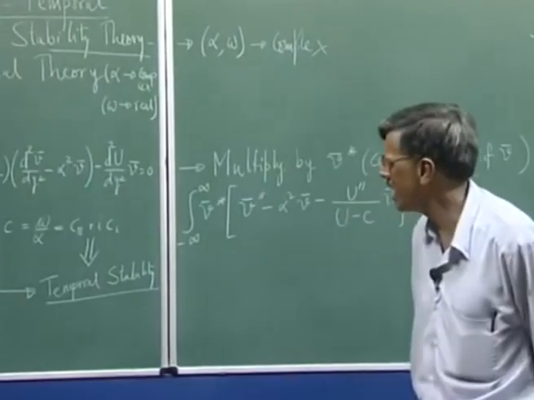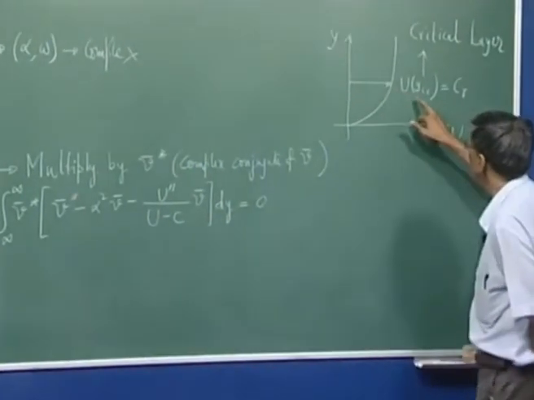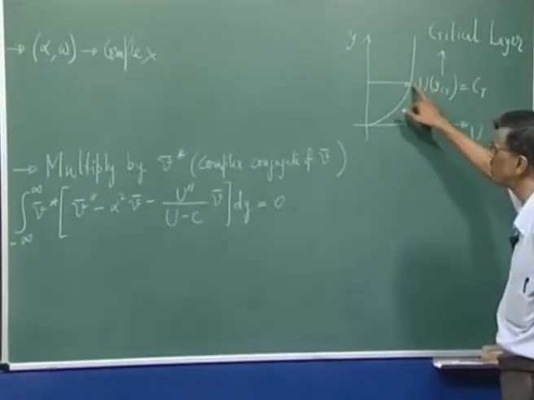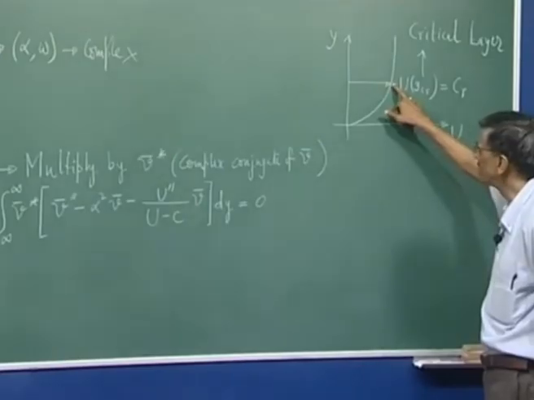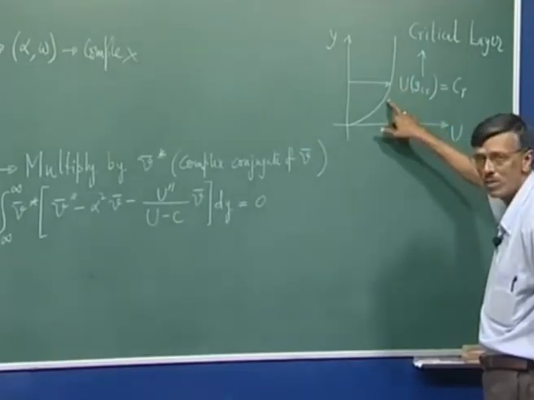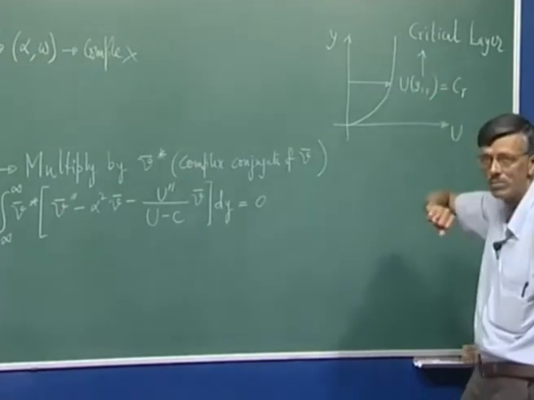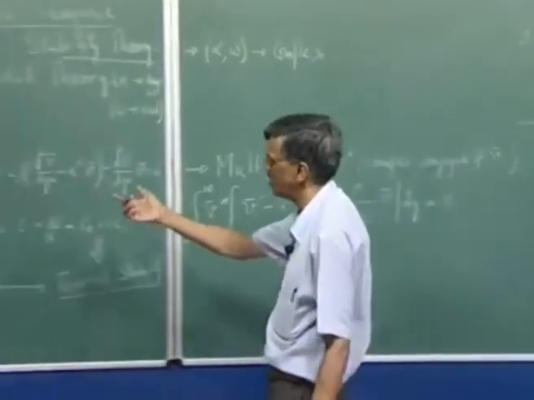So, it does create a problem, and also you see what happens if u minus c becomes 0 for the neutrally stable solution at this height: below this the coefficient is positive, above it is going to be negative. So, across the critical layer the coefficient flips sign.